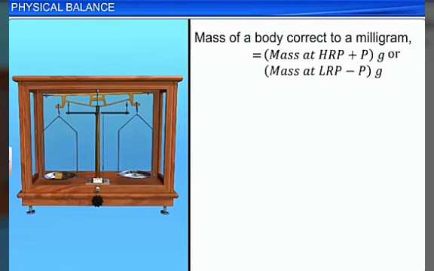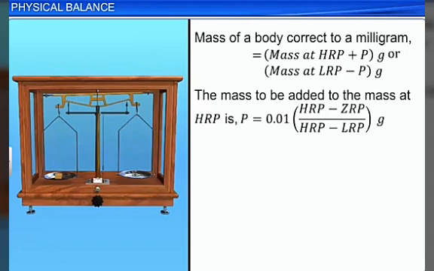Since 10 milligram, which is equal to 0.01 gram, is the smallest weight that can be added to the pan or removed from it, we can write it as: the mass to be added to the mass at HRP is P = 0.01 × (HRP − ZRP)/(HRP − LRP) gram.